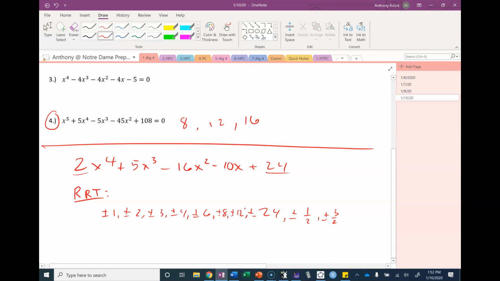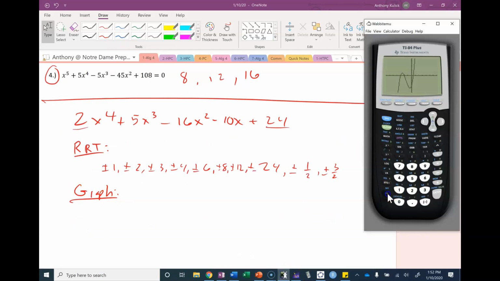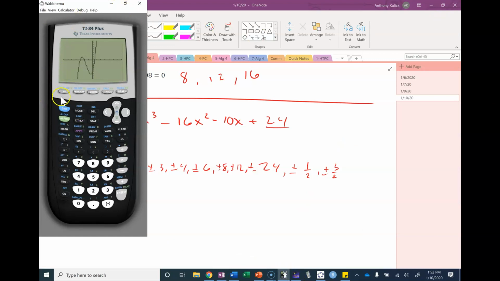My apologies. Okay. The next thing I'm going to do is look at the graph. So if I type this in, I have 2x to the 4th plus 5x cubed minus 16x squared minus 10x plus 24.